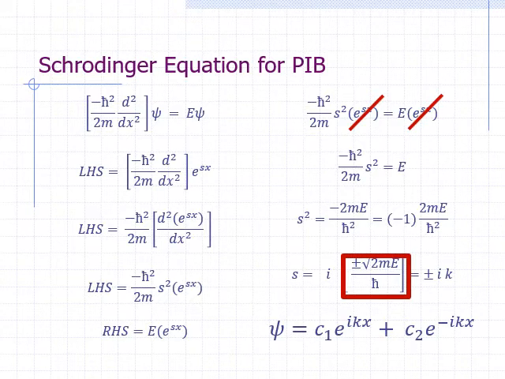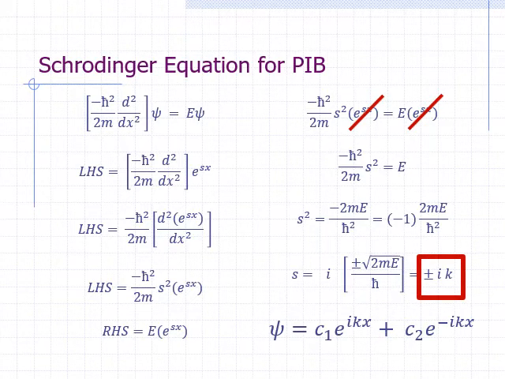Square root of 2mE over h bar is just another constant, so let's call it k. Then s will just be equal to plus or minus i times k. In other words, for a given energy, there are two possible values of s for which e to the sx will satisfy the differential equation.